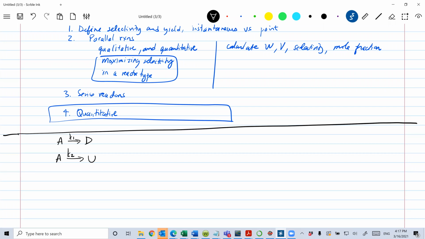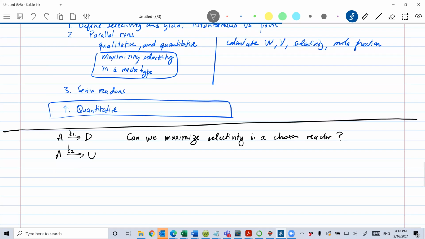And the question is, can we maximize selectivity depending on the reactor we choose? And D is desired, U is undesired. Maximize selectivity can also mean maximizing yield depending on how many reactions you have. But the first question we answer.